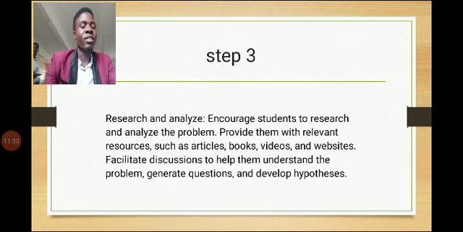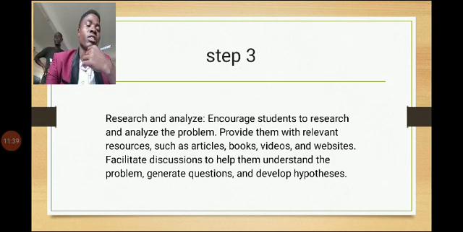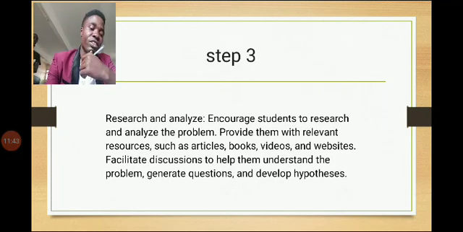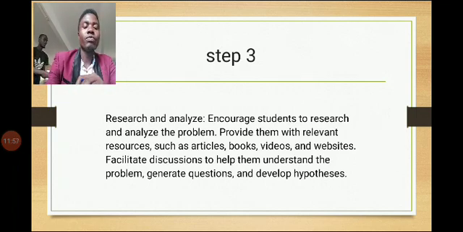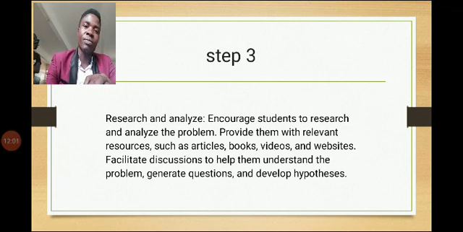When I talk about hypothesis, this simply means proposed explanations made on the basis of limited evidence as a starting point for further investigation. In simple terms, it may also mean an assumption taken to be true for the purpose of argument or investigation.